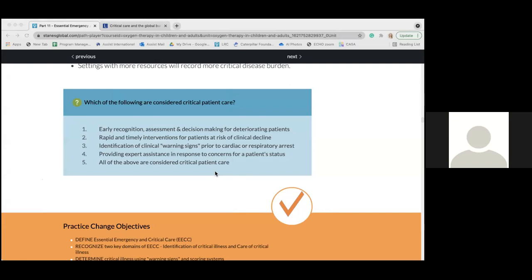Feel free to click on which of these 5 items are considered critical patient care. Just choose any of these responses based on what you understand to be elements of critical patient care.